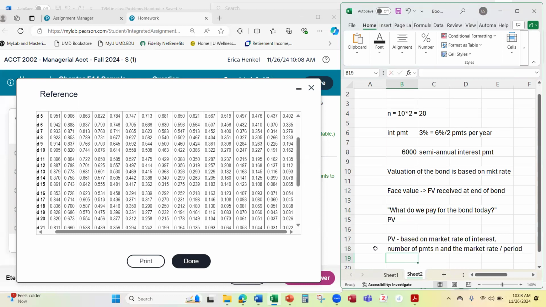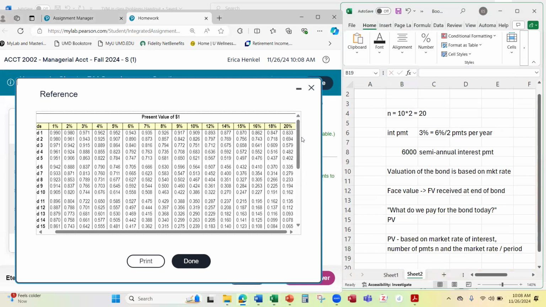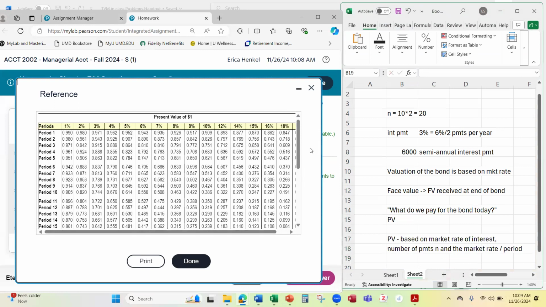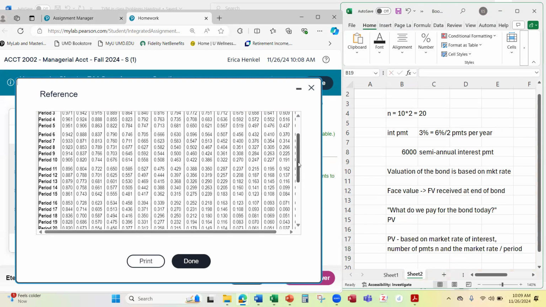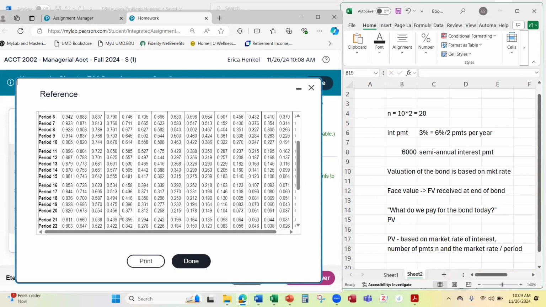Okay. So if we look here at 4%, so 8% divided by 2, semi-annual payment, scroll down to 20 periods here. We get 0.456 on this table, okay?